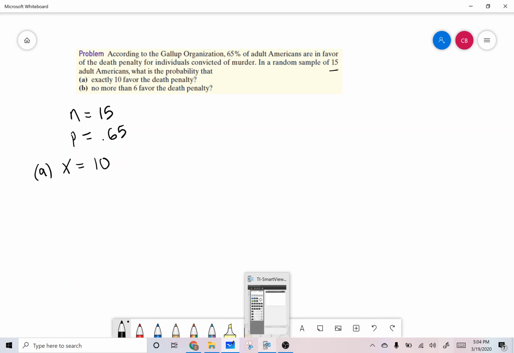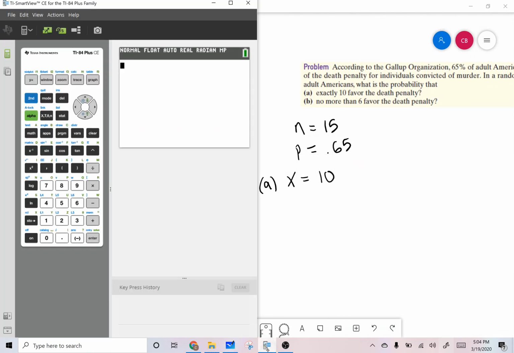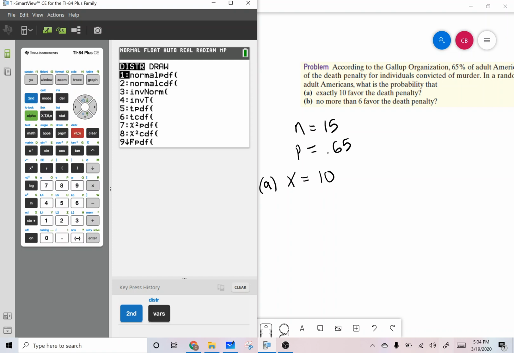I'm going to show you how to do that. We're going to push second, we're going to push vars, and then we're going to go to where it says binom PDF. We want PDF because this is not cumulative. I think I've told my students in the past that P means particular, just so that they remember it's for a particular instance.